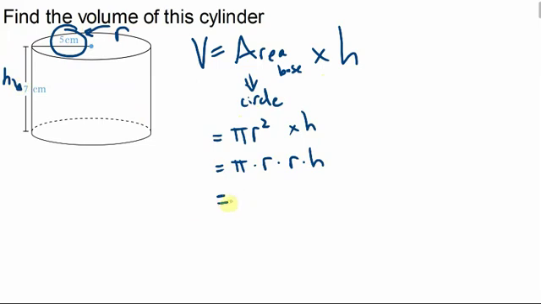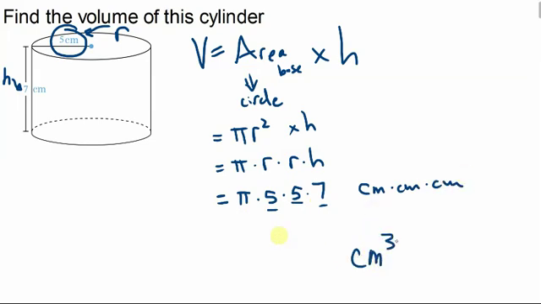Okay, so going back to the computation, how do you calculate the volume? Pi times 5 times 5 times 7. These are linear dimensions, and so we're going to have centimeter times centimeter times centimeter, giving us, in the end, to make sure we remember, centimeters cubed. So now I'm going to bring my calculator and simply type in pi times 5 times 5 times 7.